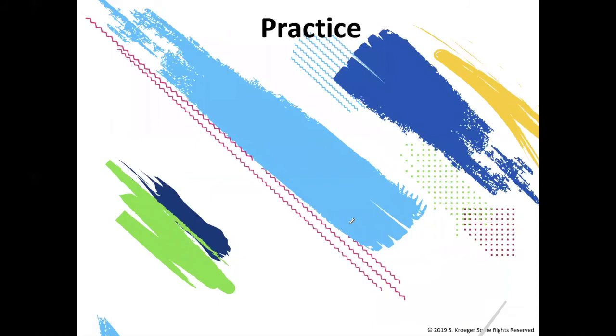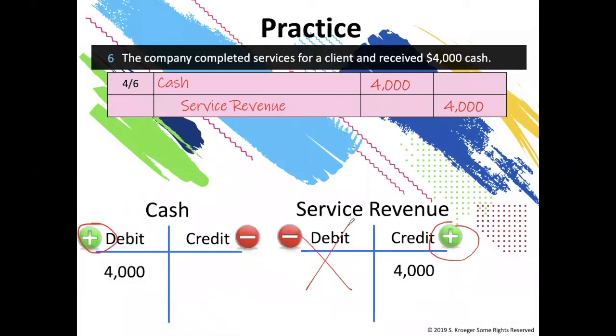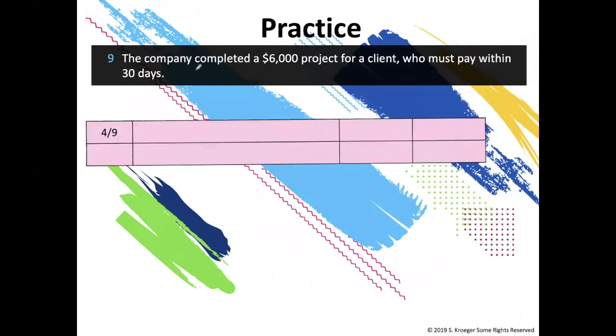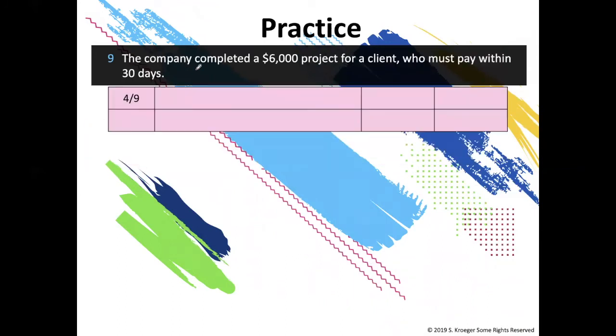I'm going to go backwards for a moment. It's very similar to the one we just did. We did do a sale, but instead of receiving cash, they're going to pay us later. Do you remember the name of the account when someone's going to pay us later? That would be accounts receivable. So in this case, we just replace cash with accounts receivable.